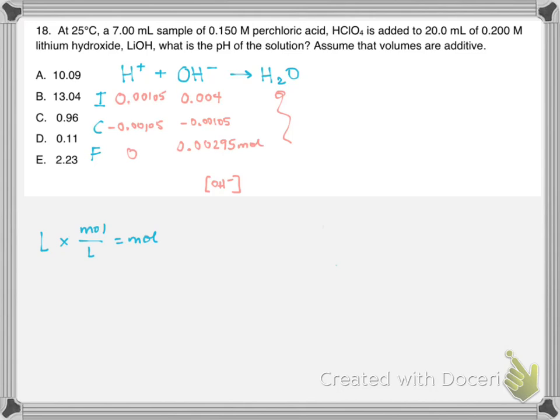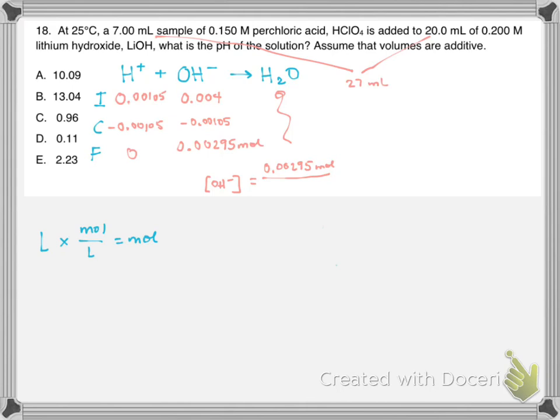So we're going to take our moles and divide that by our total volume. And so our total volume is going to be the combination of both solutions. So it's going to be 27 mils.